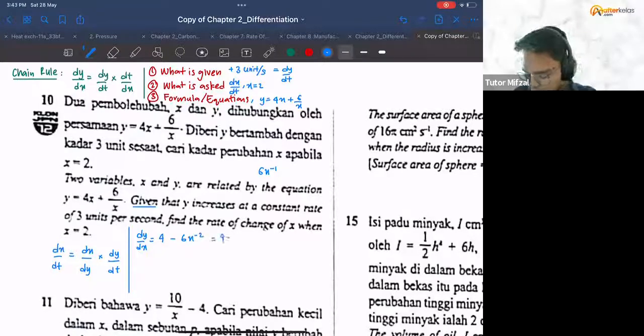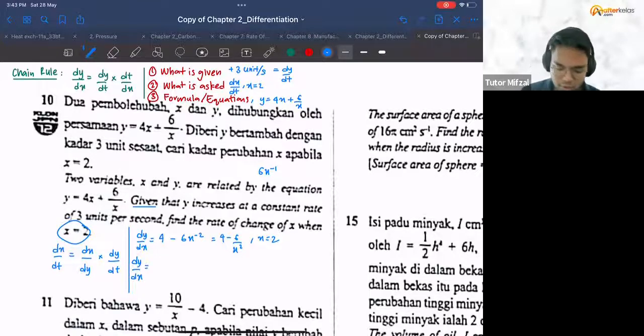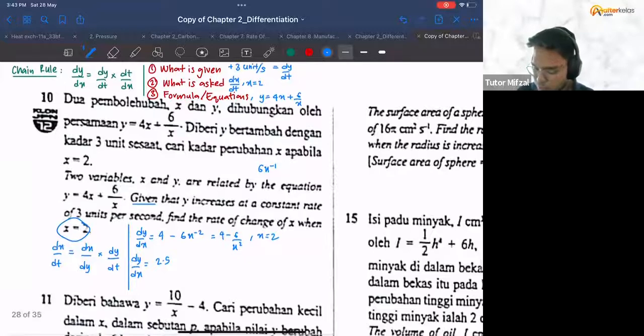Alright, so I got 4 minus 6 over x squared over here. Okay, so this is dy over dx. Now it already said here that x is equivalent to 2. So you substitute x equivalent to 2 in this equation. So dy over dx will be equivalent to 4 minus 6 over 2 squared. So you should get 2.5 over here.